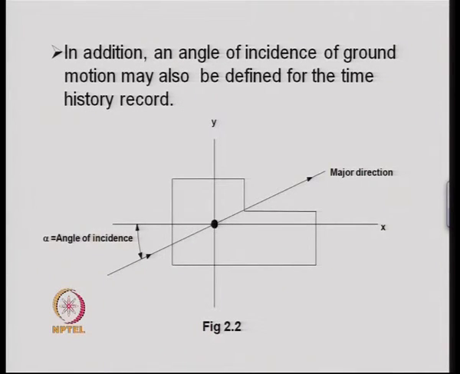In addition to this, there is an angle of incidence of the ground motion. This is defined with respect to the principal direction of the structure.